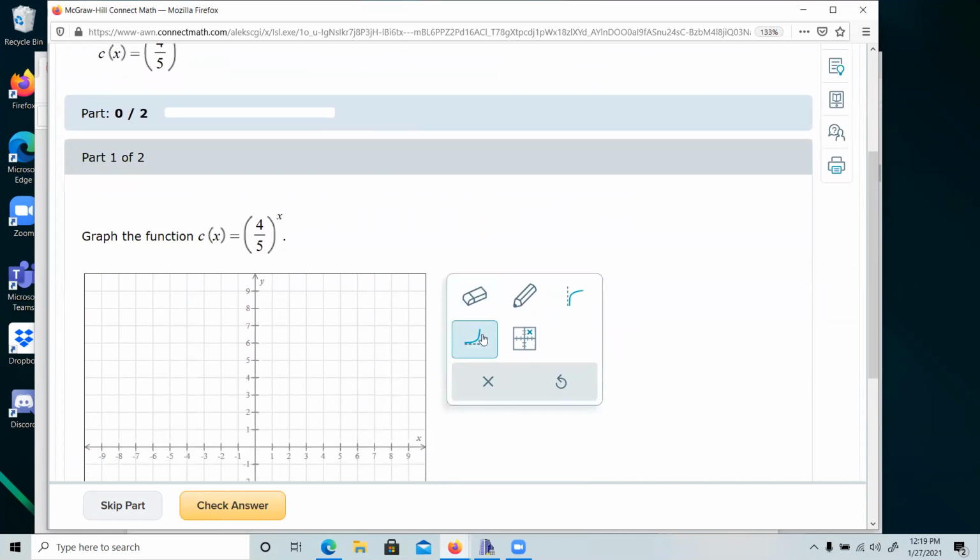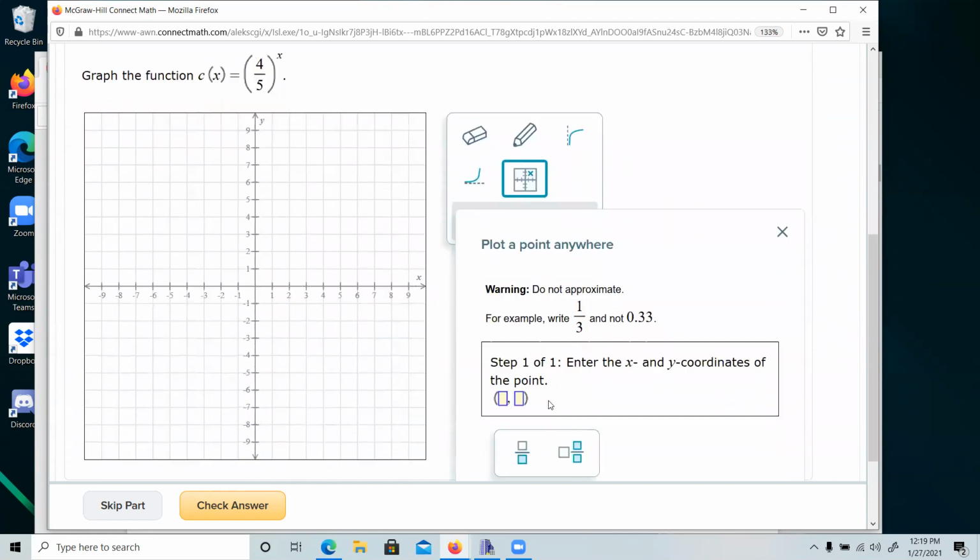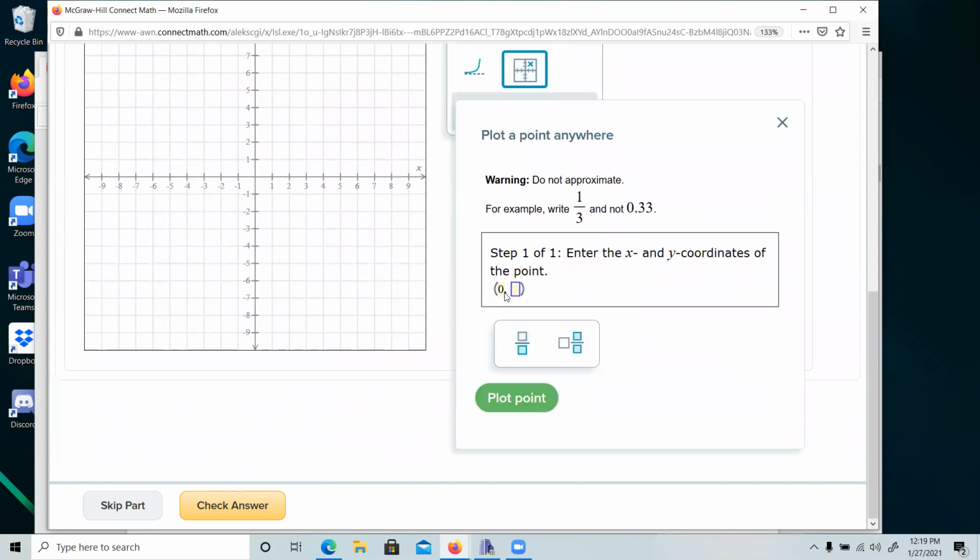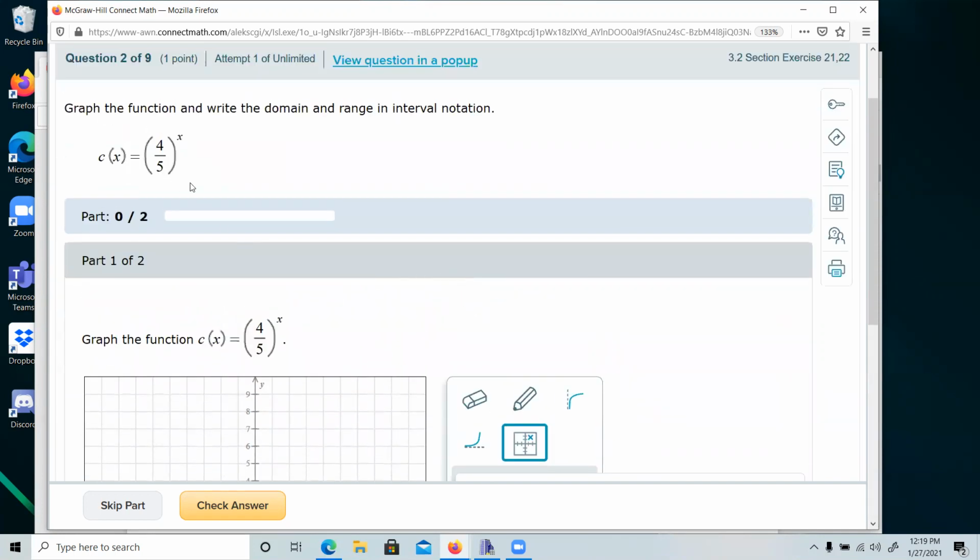I wonder, what's part 2 for them? First point's always 0, 1, right? And then, oh, they are really, let's not do that. 0, 1. Plot point, and it's 4/5 to the first power.